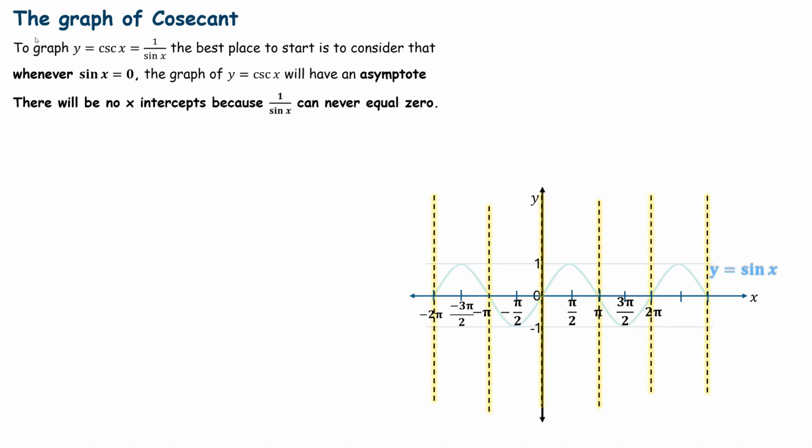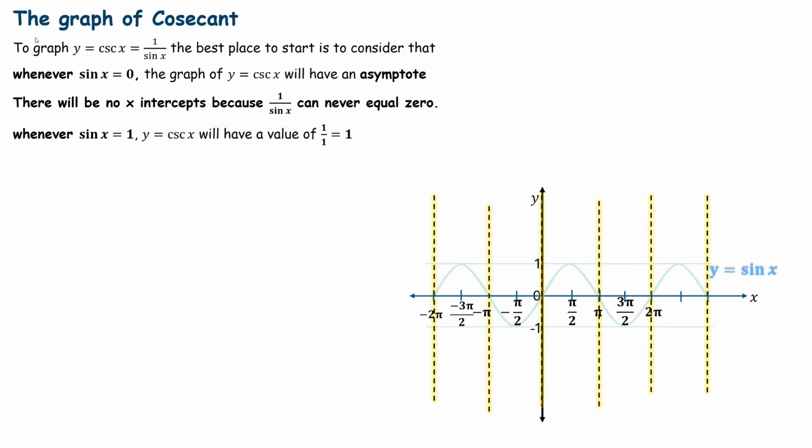Also, an easy thing to remember is that there will be no x-intercepts because 1 over sine x can't be 0. There's nothing you could put in there for x that would make that equal 0. And a simple thing to put on there is that when sine x equals 1, cosecant is also 1 because it's just 1 over 1.